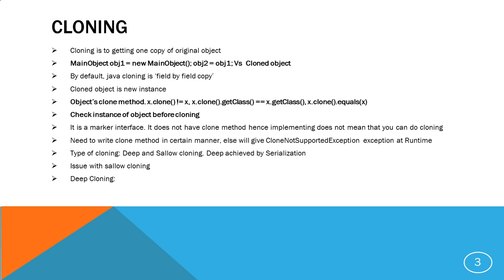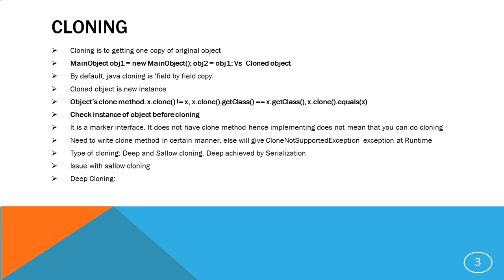And when I say cloning is a field by field copy, if I equate each field, then the whole object will be equal. So that's the reason x.clone().equals(x) holds. These will always be true. So x.clone() will not be equal to x, x.clone().getClass() will be equal to x.getClass(), and x.clone() will be equal to x when I use the equals method.